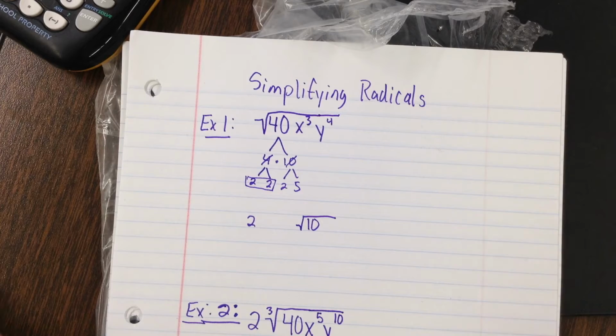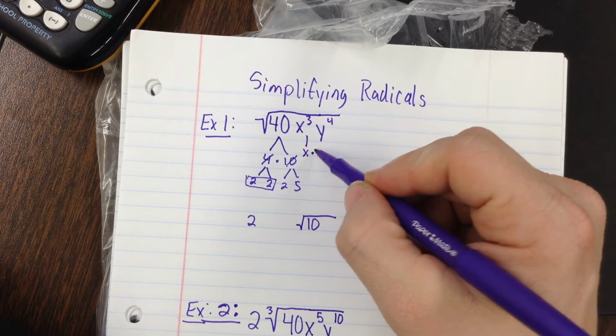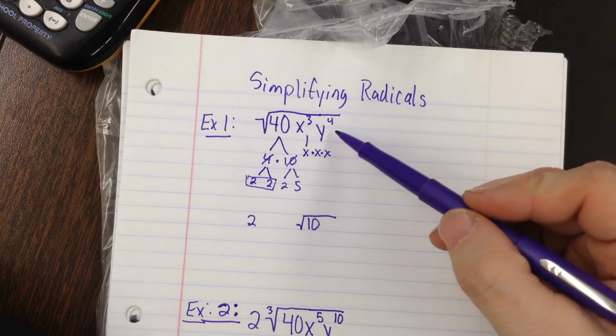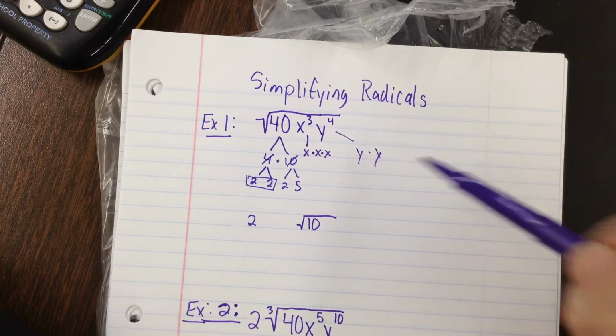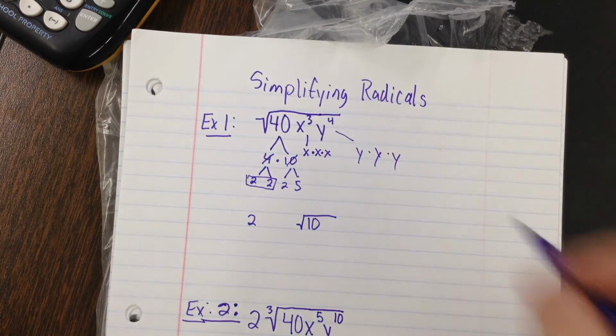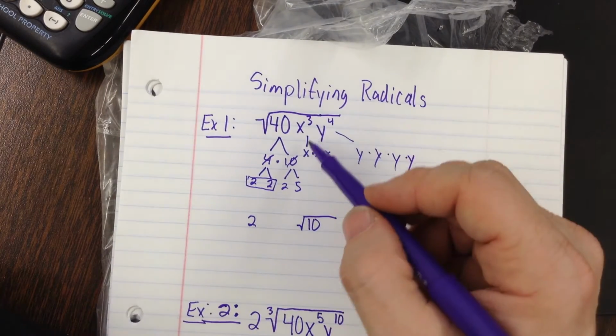Then we work on the x's. Pretty much the same thing. It's x times x times x. And then the y's would be y times y times y, oh, there's 4, so times y again. So there we have it, and you're looking for groups of 2 at a time.